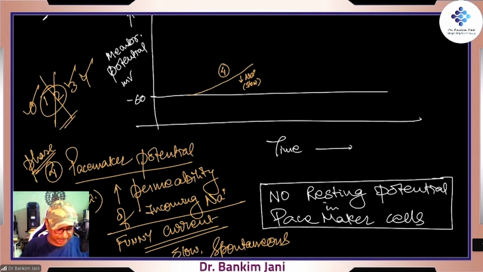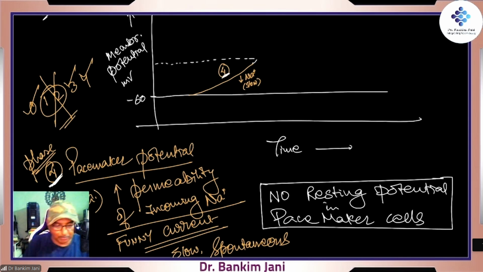So here it is, I'll keep on writing it like this. This is that phase 4, so all the characteristics of phase 4 are here. It is called the pacemaker potential. So at one point you reach what is called the threshold. When we were learning receptors, we understood that some of the receptors are voltage sensitive.